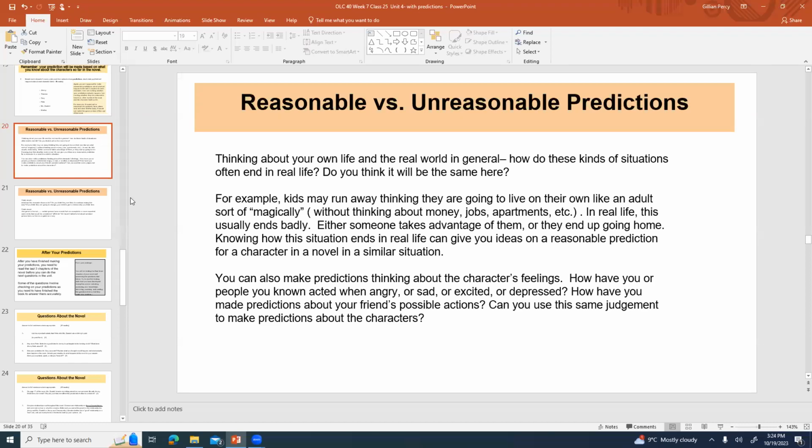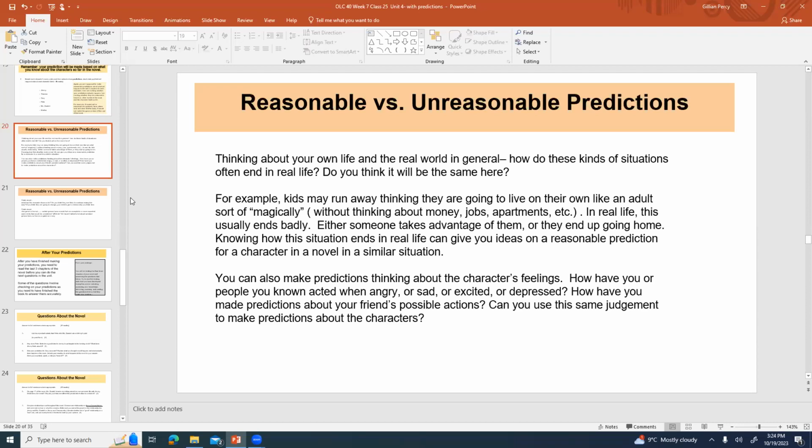So knowing how that situation ends in real life can give you ideas on a reasonable prediction for a character in a novel who's in a similar situation. That isn't the situation in this novel, but I'm giving you an example. You can also make predictions thinking about the character's feelings. How have you or people you've known acted when they were angry or sad or excited or depressed?